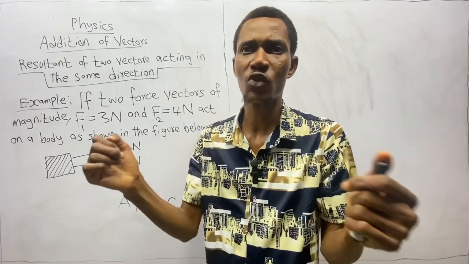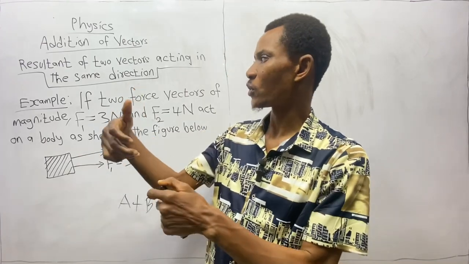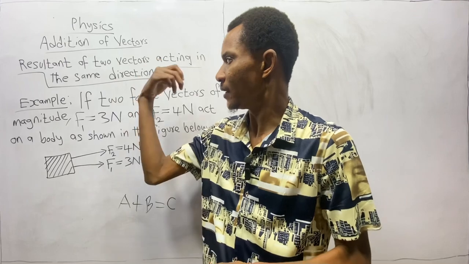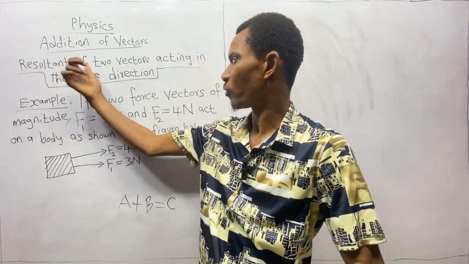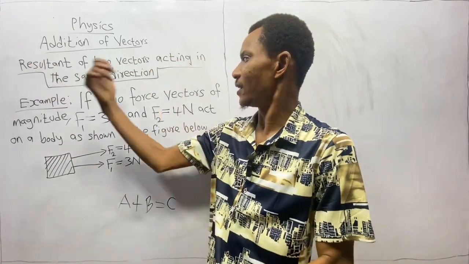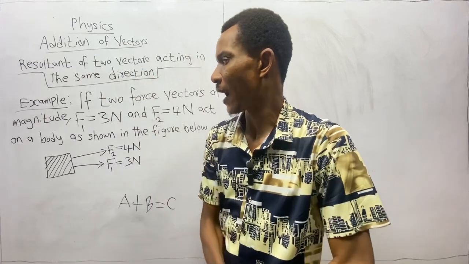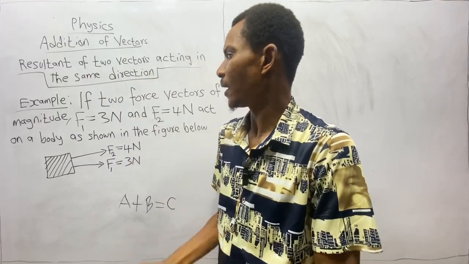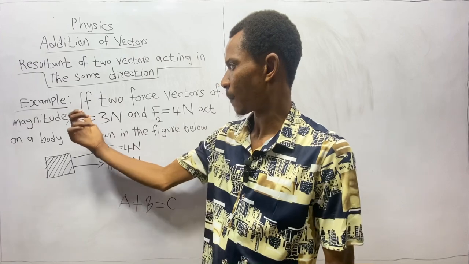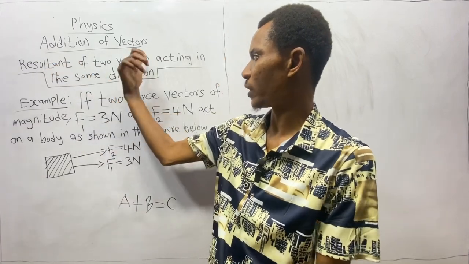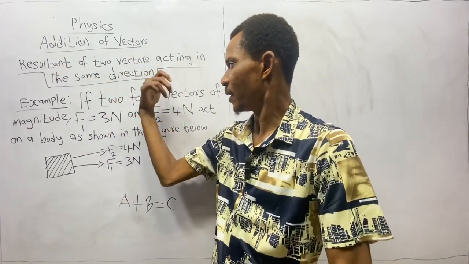How do we get the resultant vector when the two vectors are acting in the same direction? That's the resultant of two vectors acting in the same direction. How do we get it? Now let's take this example under this resultant of two vectors acting in the same direction.